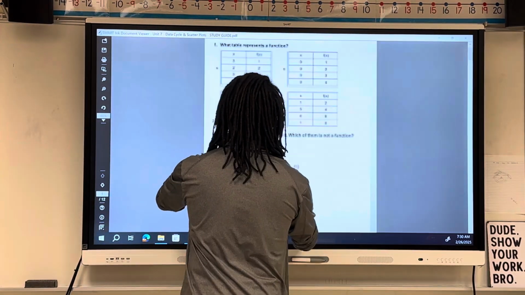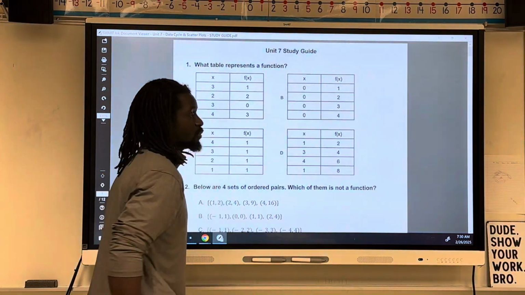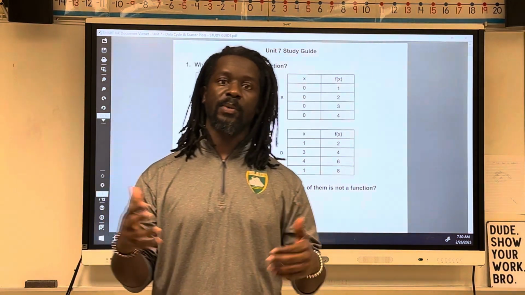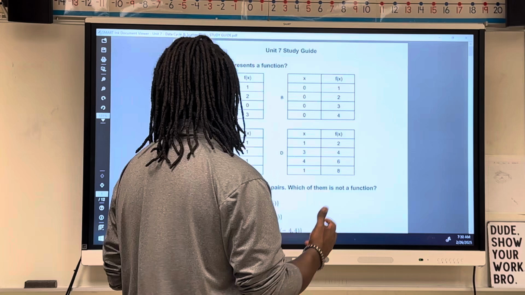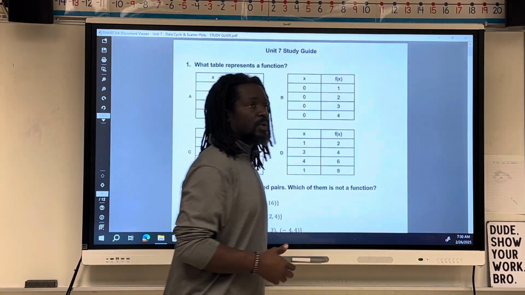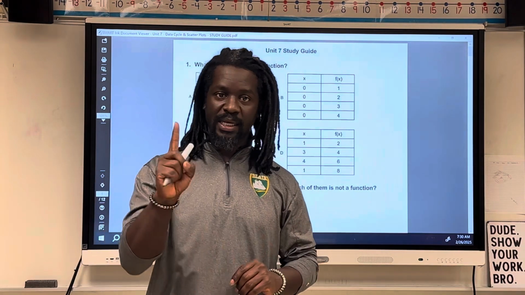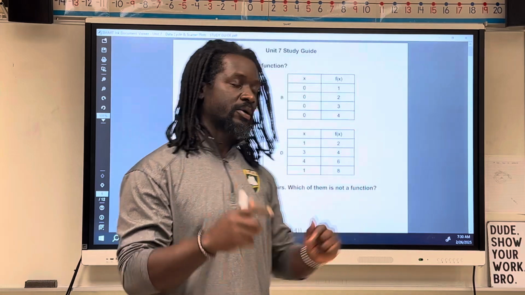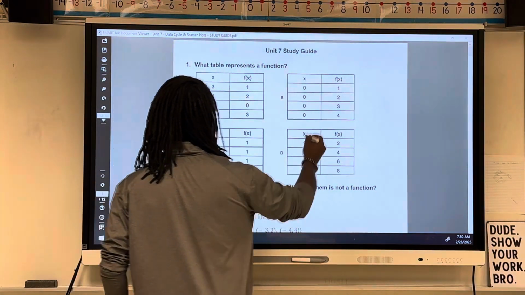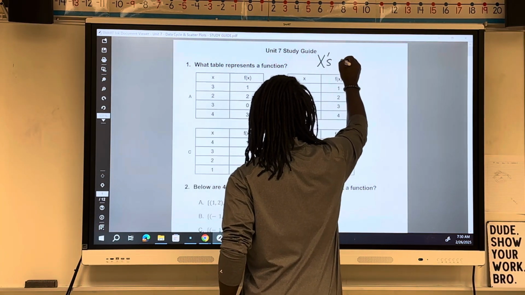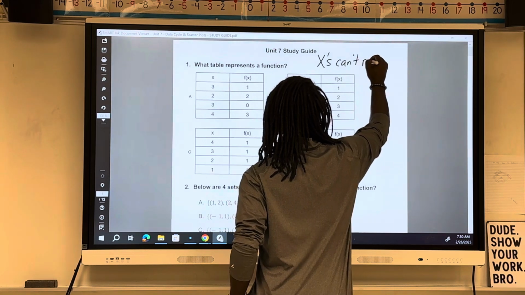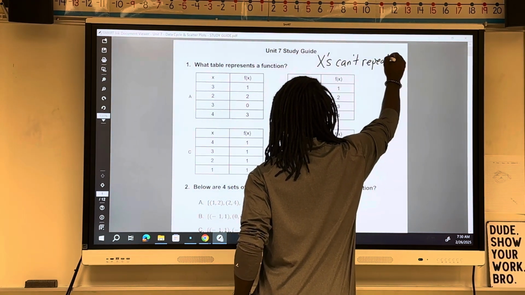In the first question, we are looking to determine which table represents a function. If we remember, a function is where for every one x value, there's one y value. In other words, the x's cannot repeat, and that's what we're looking for.